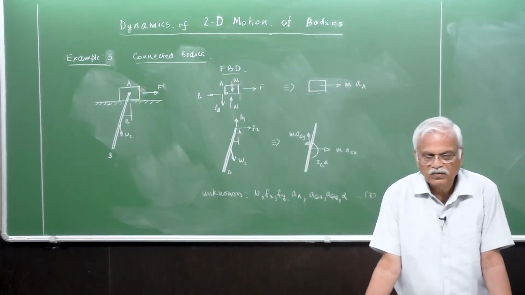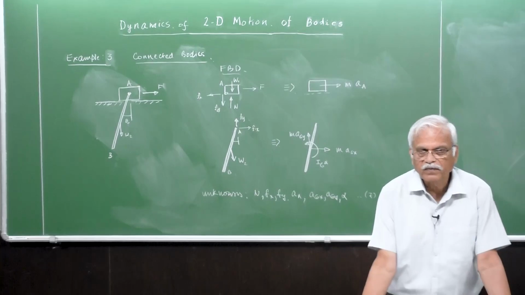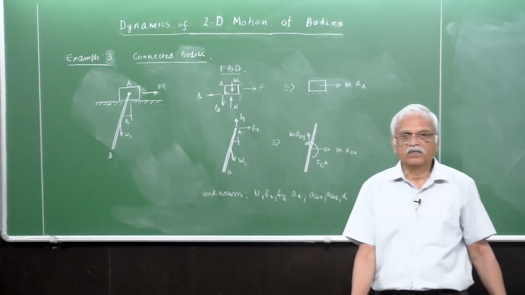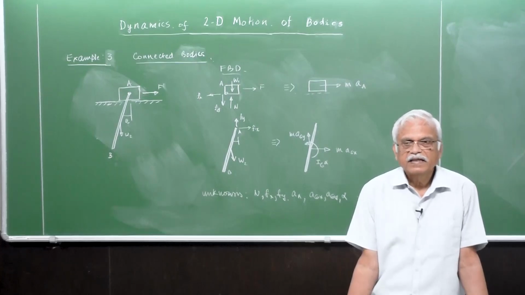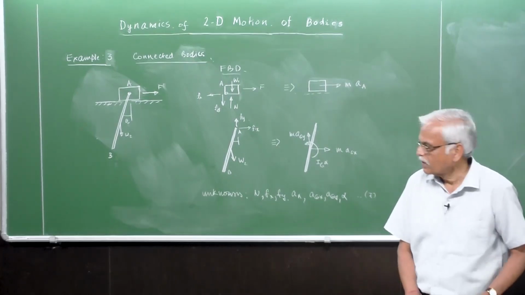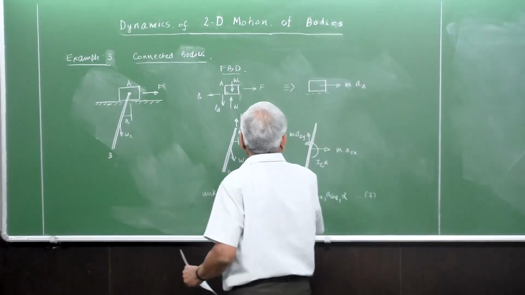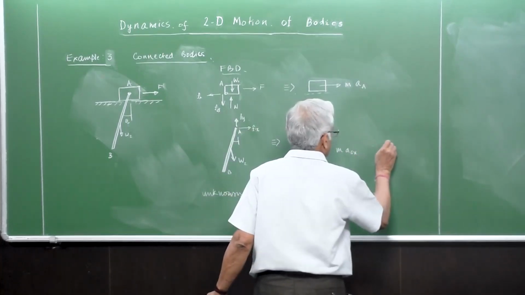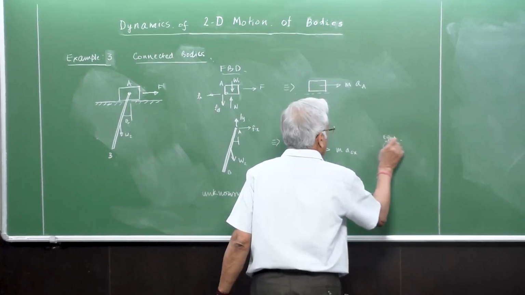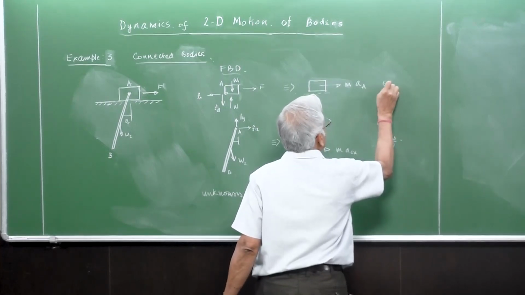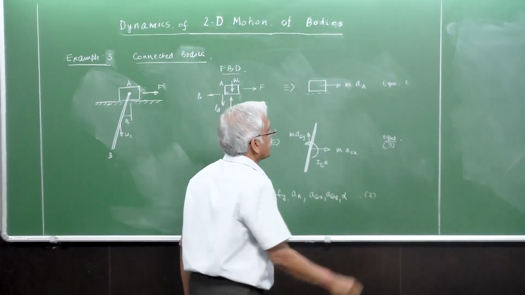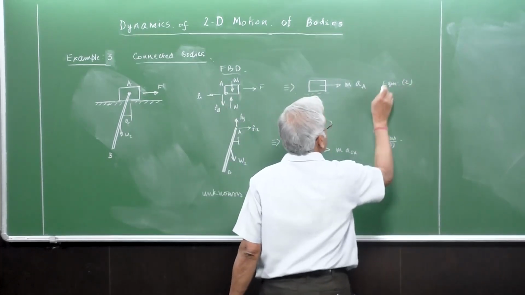Why? Because the top block we assume to be a point mass. So point masses will have accelerations ax and ay, but there is no rotation. So this will give us 3 equations here, and this will give us only 2, right?